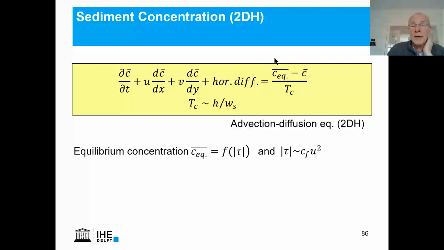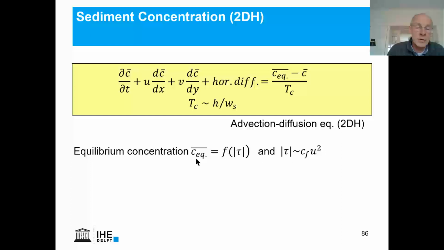instead of resolving exactly what happens near the bottom, we assume that the concentration wants to go to the equilibrium concentration with a certain time scale. And this time scale is related to the water depth divided by the fall velocity. Again, this equilibrium concentration is a function of the bed shear stress, and the bed shear stress is somewhat related to the near bed velocity.